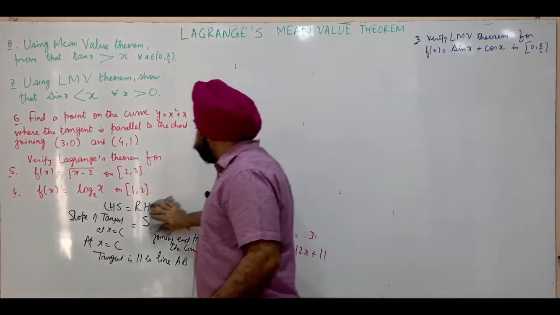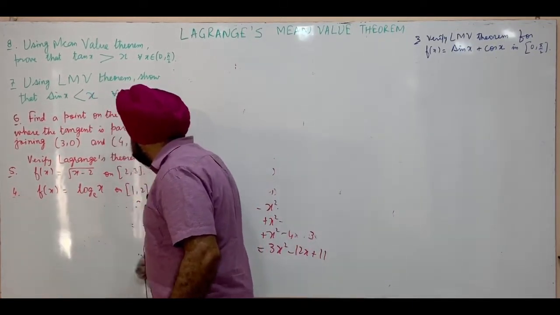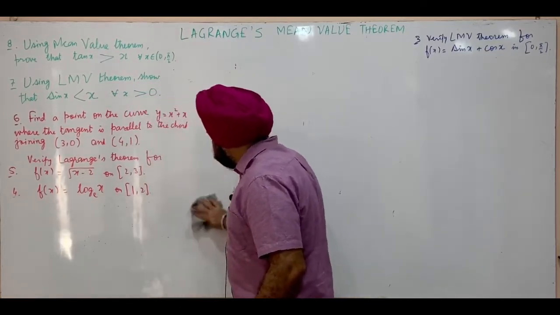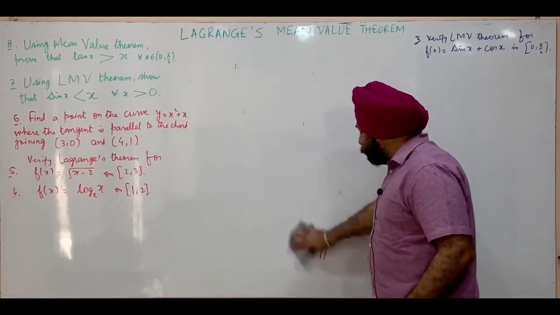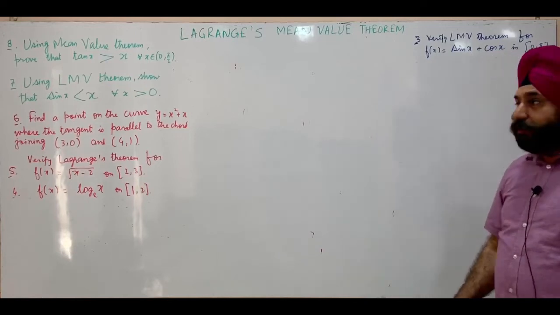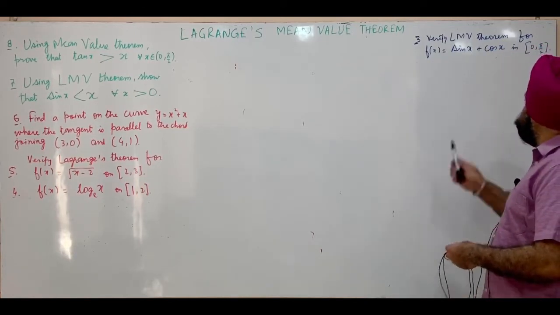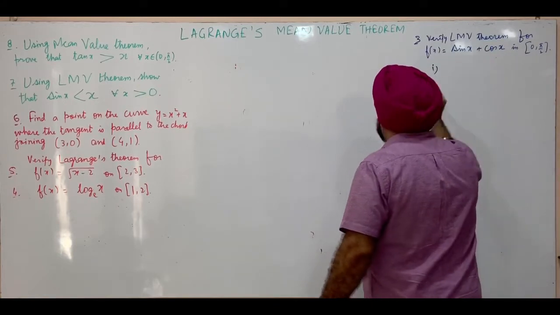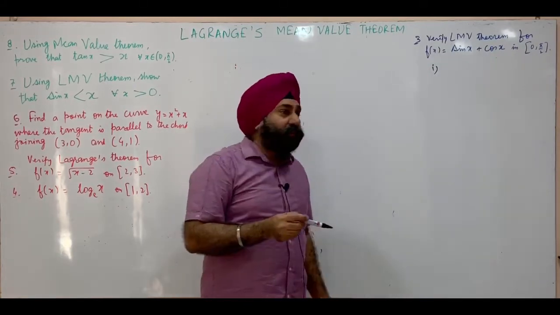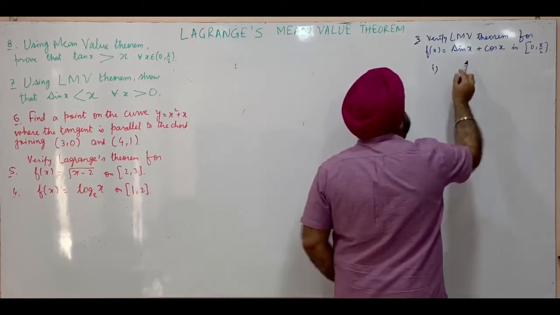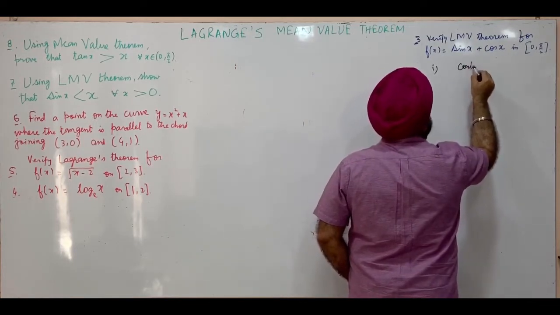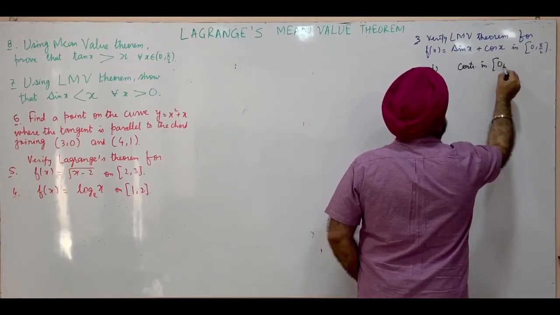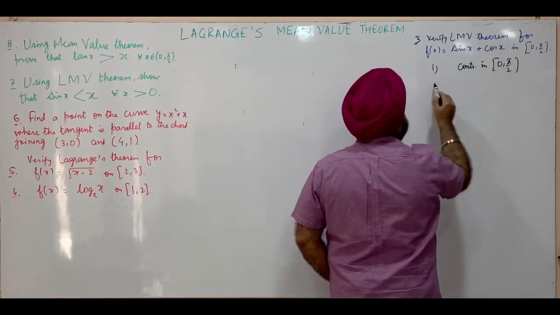Similarly, cos of x is also a continuous function. So f of x being the sum of two continuous functions is continuous in the closed interval 0 to pi by 2. This is how we explain the continuity.